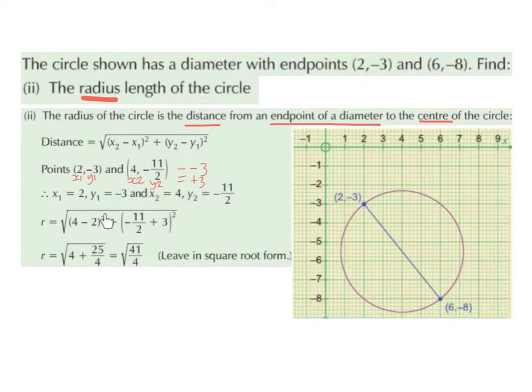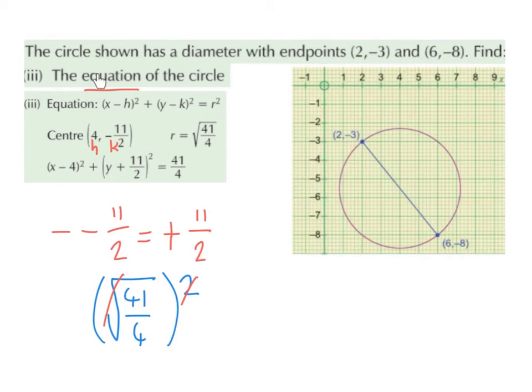So then (4 minus 2) squared gives us 4, and (minus 11 over 2 plus 3) squared gives us 25 over 4, and 4 plus 25 over 4 is 41 over 4, and we can leave the square root as it is. We're going to leave it in square root form, or surd form.